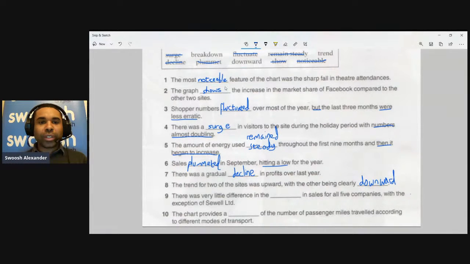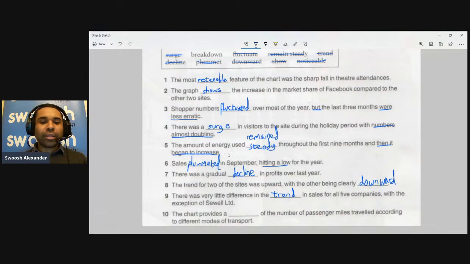There was very little difference in the trend. Trend is the best out of the two options we've got, the trend in sales. You're comparing the trend to the overall rate.